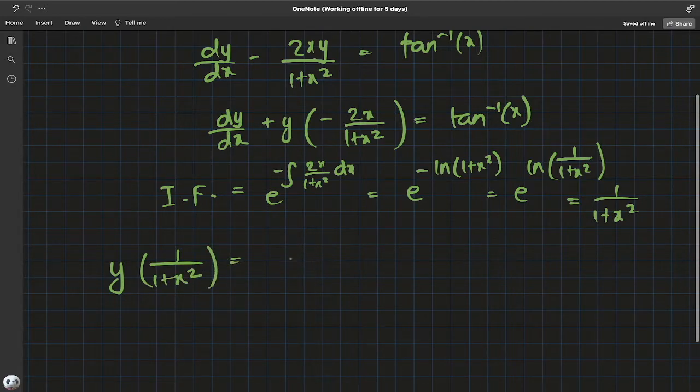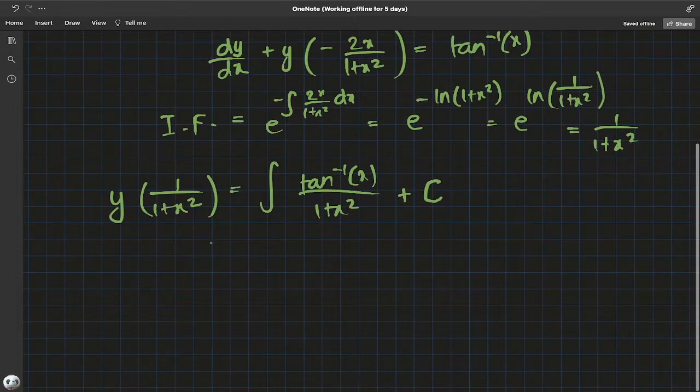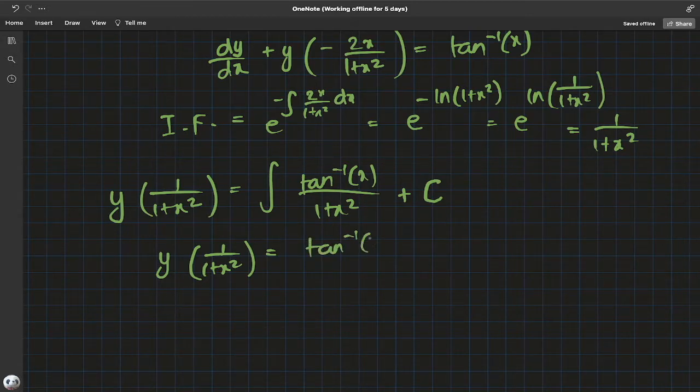The solution is y times the integrating factor equals the integral of this function with the integrating factor. So that's inverse tangent of x over 1 plus x squared, integrated, plus a constant of integration to account for all those constants. This you can do a u substitution, but I'm experienced, so I'm just writing the answer directly. It's inverse tangent of x squared over 2 plus c.